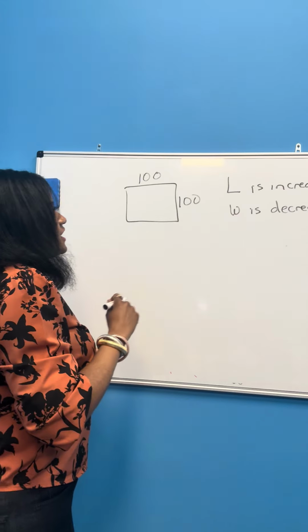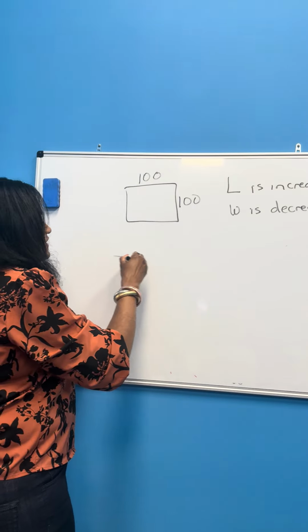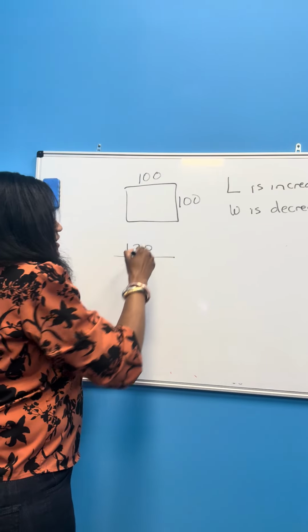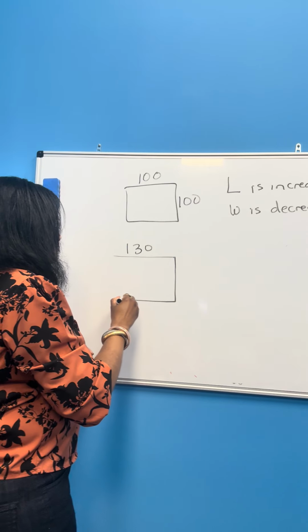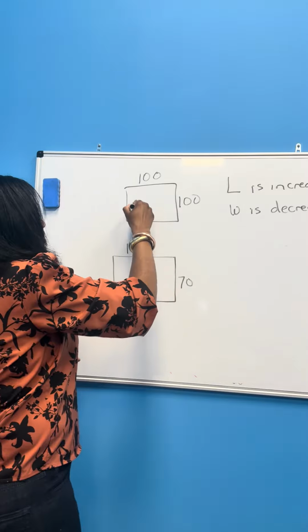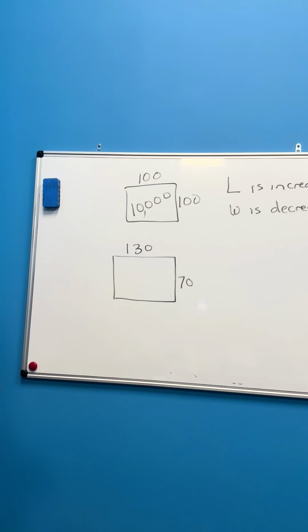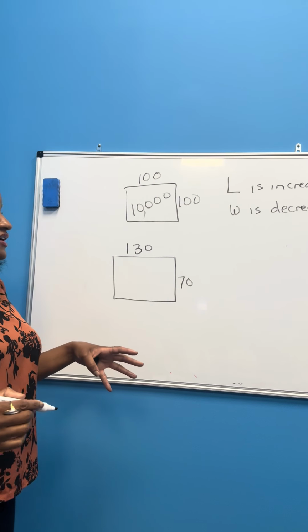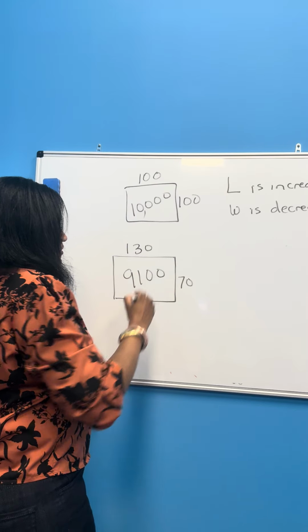But let's say it's a square with side 100. If the length is increased by 30%, it's going to be 130. Now if the width is decreased by 30%, that's going to be 70. Currently, our area is 10,000. If we do this, our new area is 9,100.